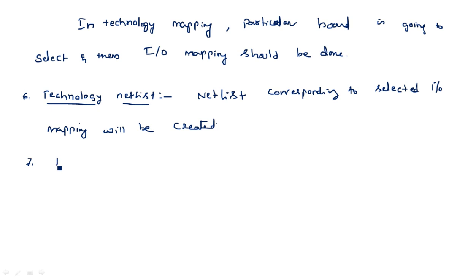Next, placement and routing. We have several logical elements in the FPGA. I told you it is an array. Which logic elements we need to select, and if we select more than one logic element, how they are interconnected, that will be done in placement and routing.